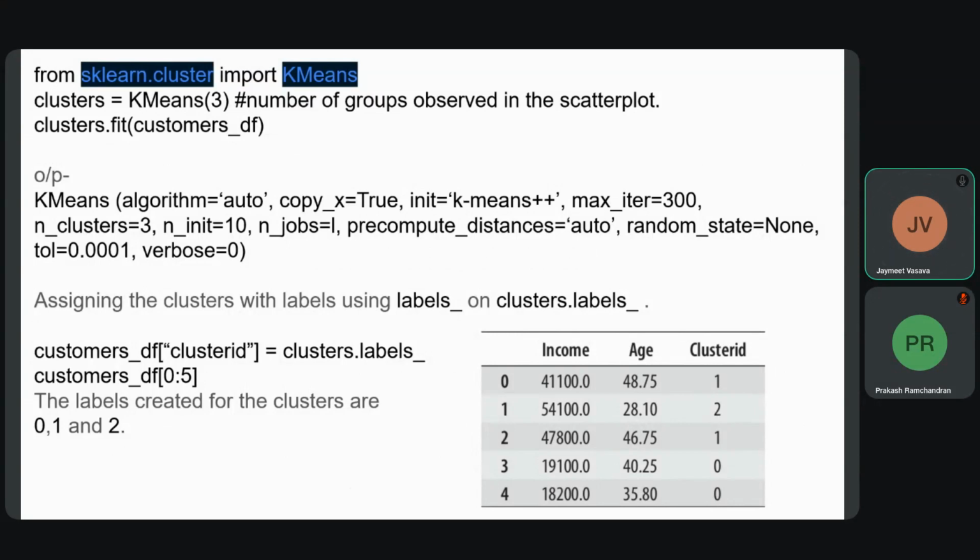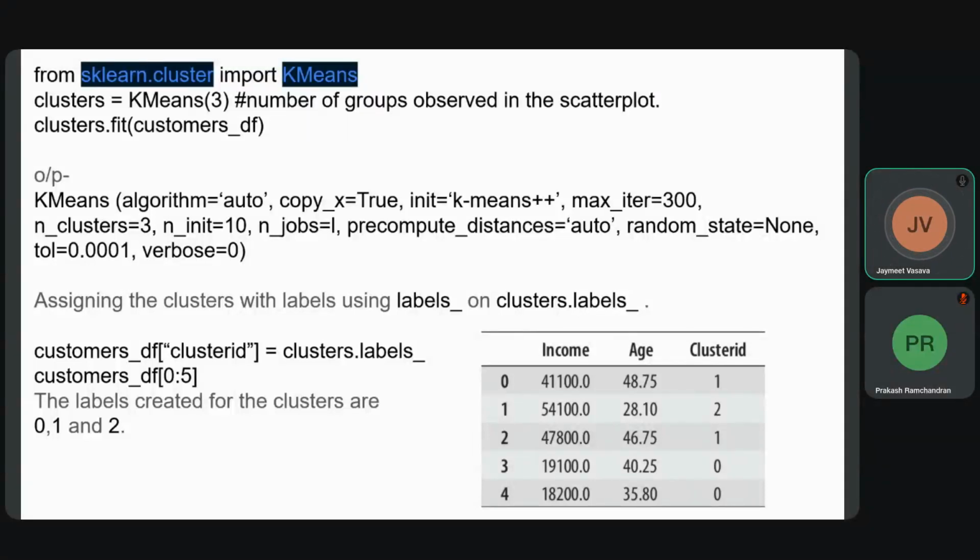We'll be assigning cluster IDs based on the cluster that each particular observation belongs to. After assigning the cluster IDs with the help of the customer DF that we created while reading the data set, the labels that were created are 0, 1, and 2.